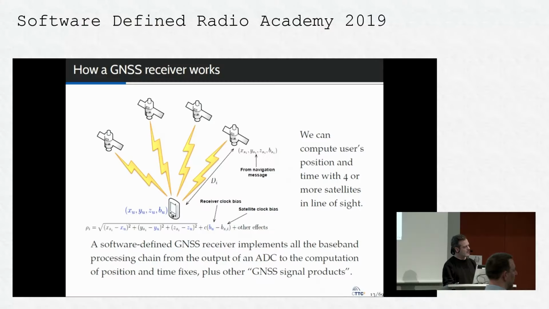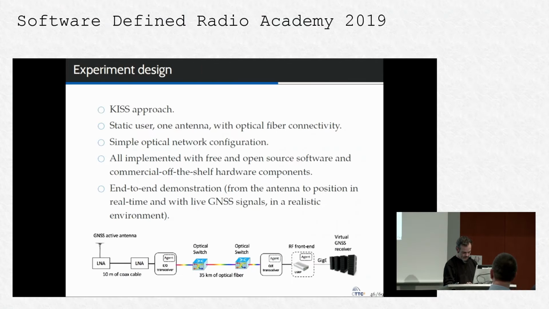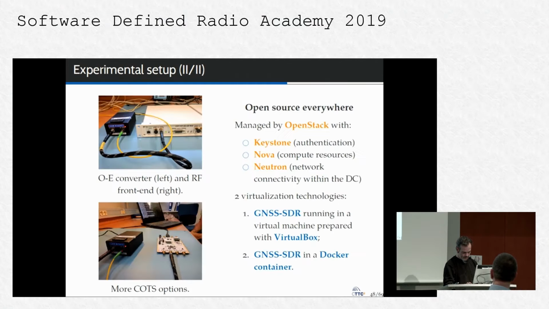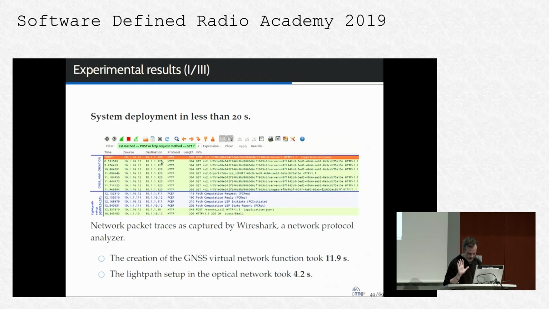If you could please go back to the slide around 50, I think. The one where you mentioned the actual propagation time through the fiber.